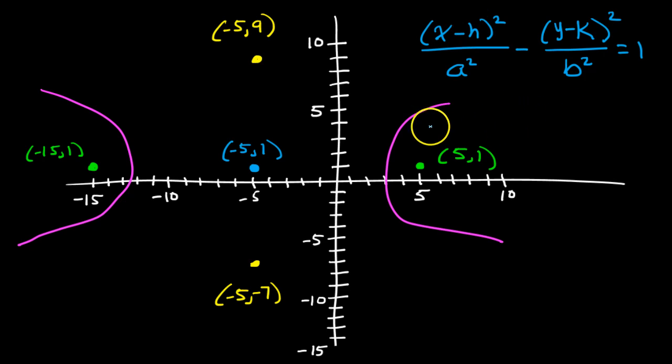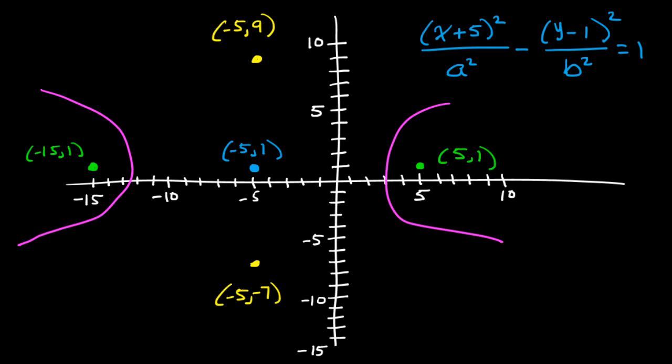I just need to fill in some of these variables. So the h and the k are the center. So I can definitely fill that in right now because I do have the center. So it's going to be the opposite of these two. So I'm going to put +5 here and -1 there. So now all I need is a squared and b squared. Well, the a value is the distance from the center to a vertex. I don't have that. So forget about that for now.